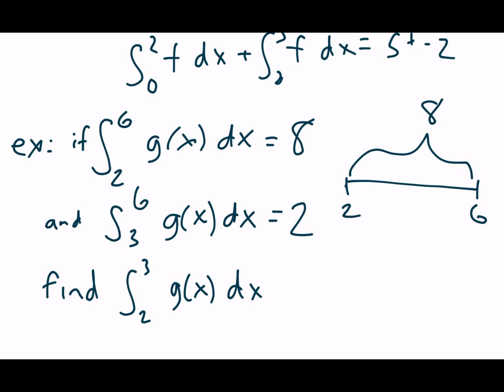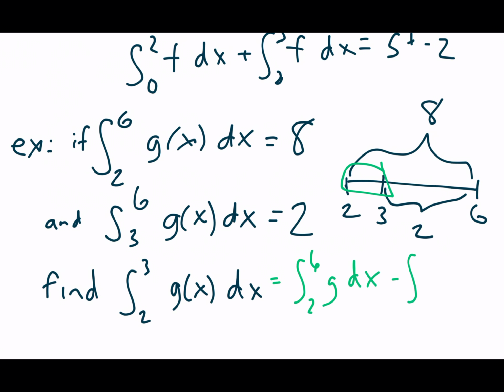So if that integral yields 8 from 2 to 6, and if I integrate from 3 to 6 and I get a 2, what's happening from 2 to 3? You just subtract them, right? So it's going to be the integral from 2 to 6 minus the integral from 3 to 6. And that would give me the integral from 2 to 3. So I'd get 8 minus 2, which is a 6. Okay? So you could do more with that property than I initially let on.